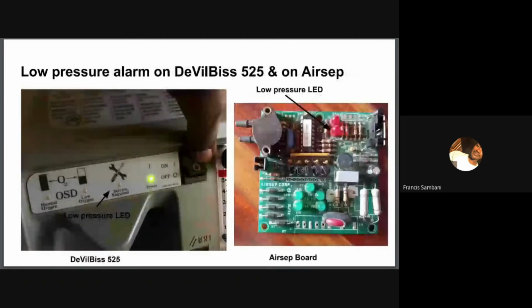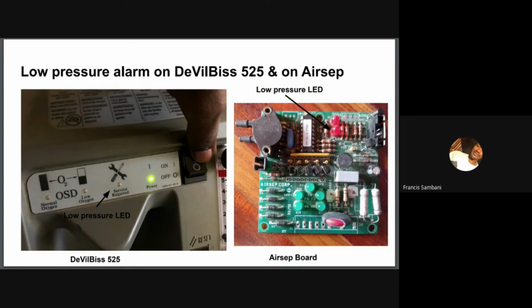So on the low pressure alarm, in the DeVilbiss 525, for example, when the system pressure is below 9 psi or 62.1 kPa due to a leak in the system or a weak compressor, both the visible and audible alarm will turn on. The visible alarm is the service required, and the audible alarm is just the beep.